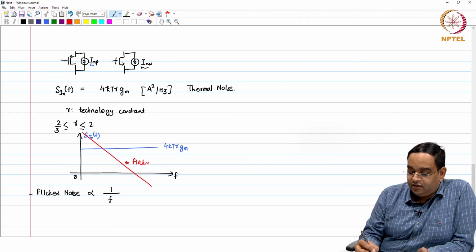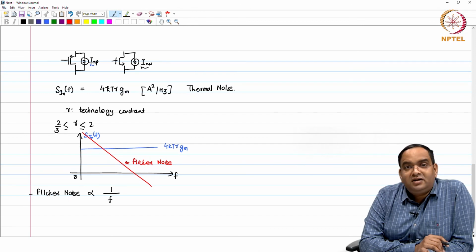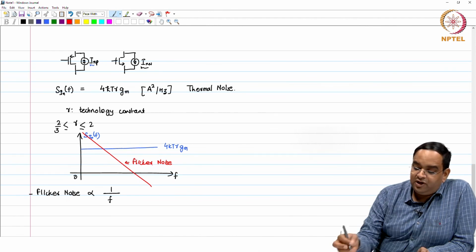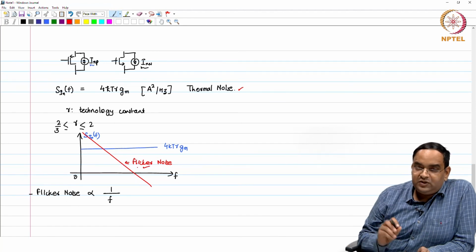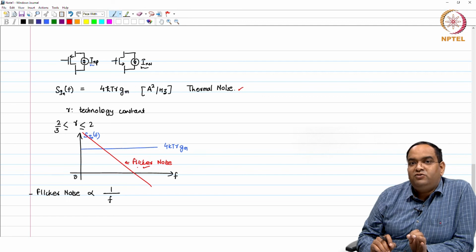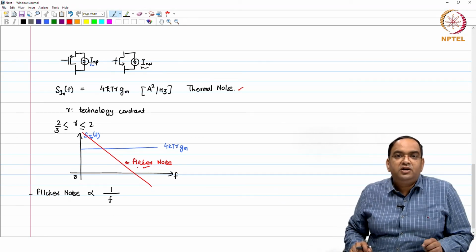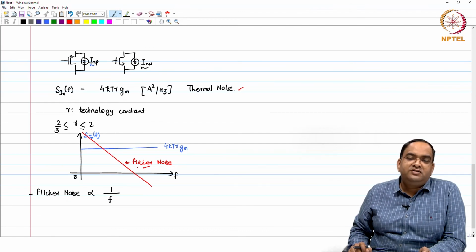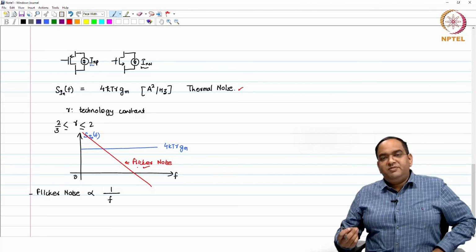So, you have two kinds of noise associated with the transistors: thermal noise as shown here, and flicker noise as shown here. Both are random in nature. What value they will have at any given instant is not known precisely. You can only say the noise current at this instant can be this value with this much probability.